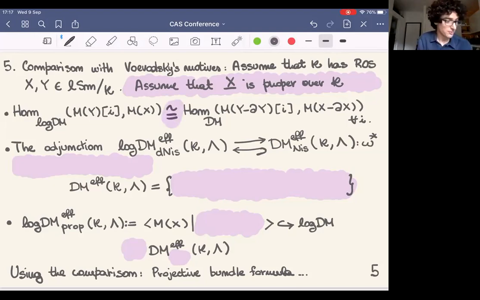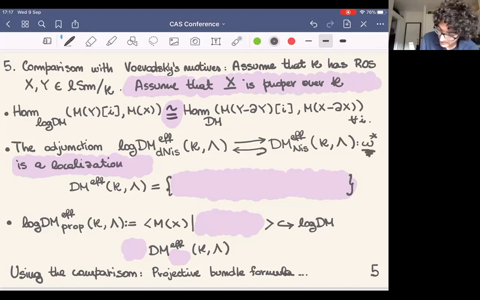And as a consequence of this, you get that the adjunction between logDM and DM is actually a localization. So this omega upper star is fully faithful, and we can identify DM effective Nisnevich inside logDM as follows.